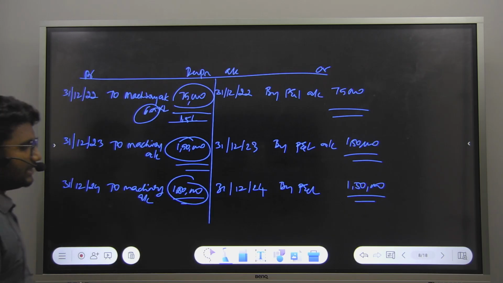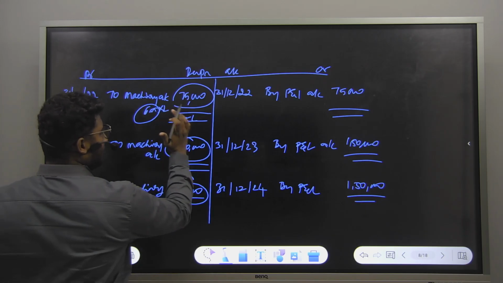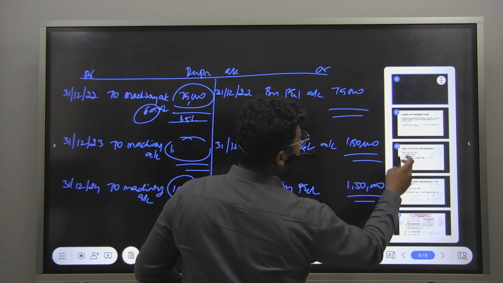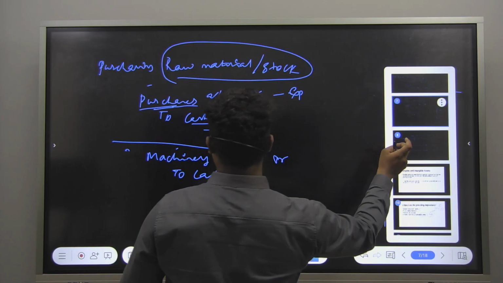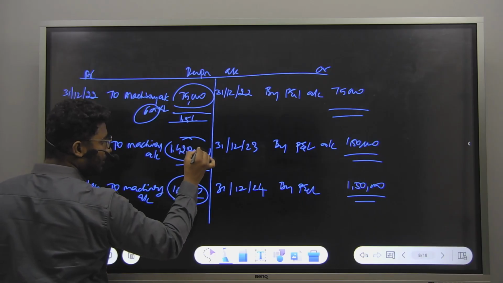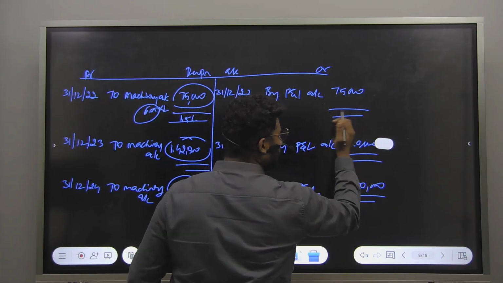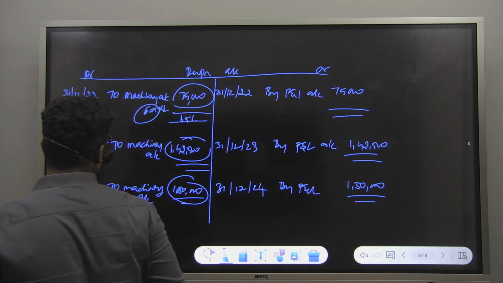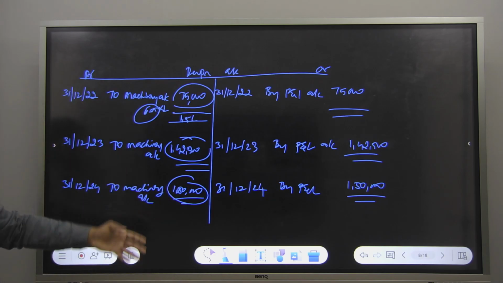Next year, what is the depreciation amount? 1,42,500. Yes, so the next year depreciation is 1,42,500. The same amount we will transfer to profit and loss account.